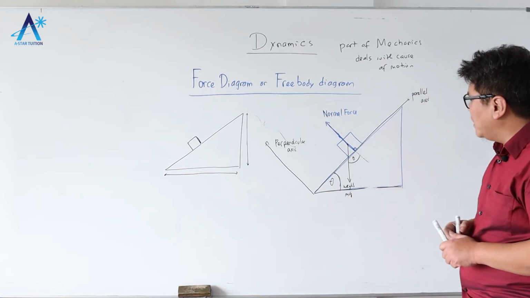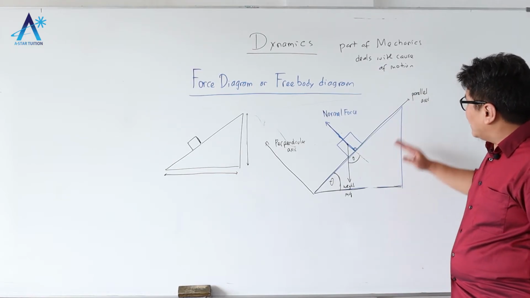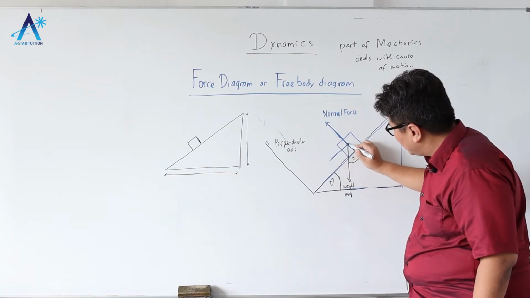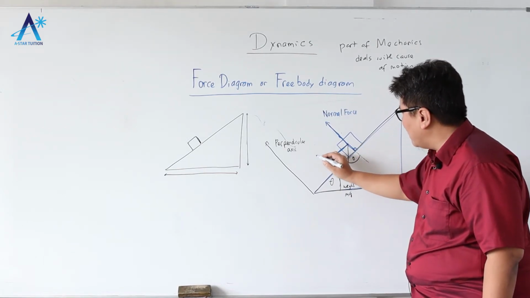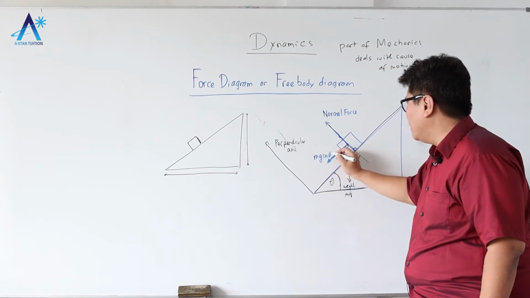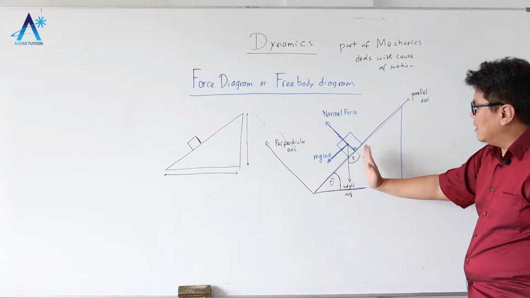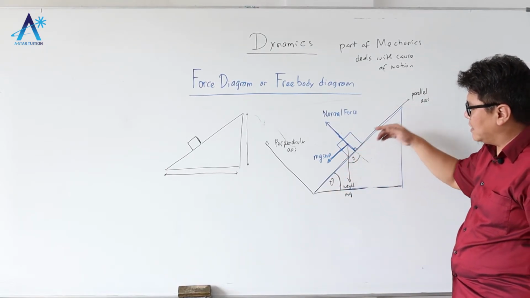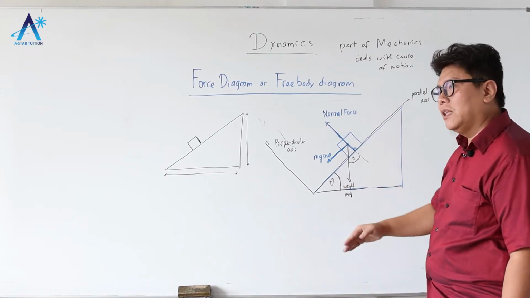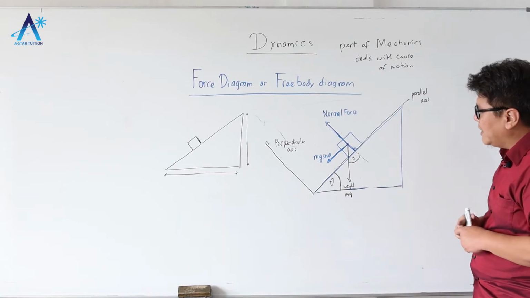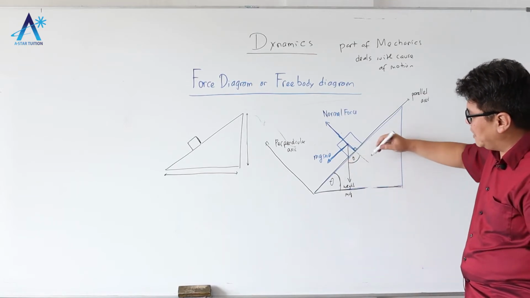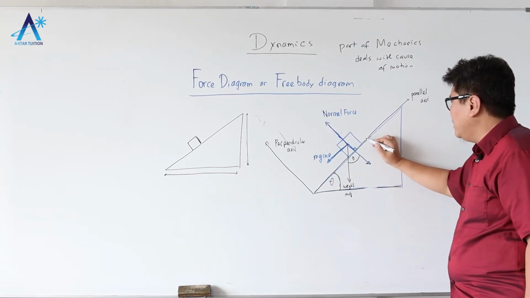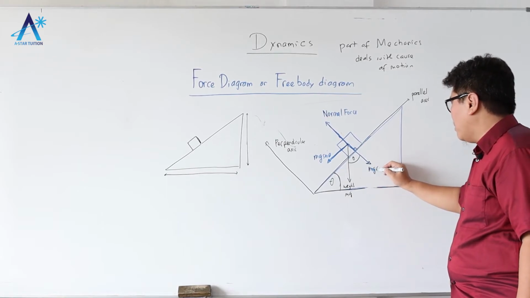If we resolve the mg in the parallel axis, you will wind up with this, mg sine theta. This is the component of the weight that is along the parallel axis, and you can see that the direction is down the inclined plane, downhill. On the other hand, if you resolve it in the perpendicular axis, you will wind up with this, directed perpendicularly into the plane, and it's mg cosine theta.